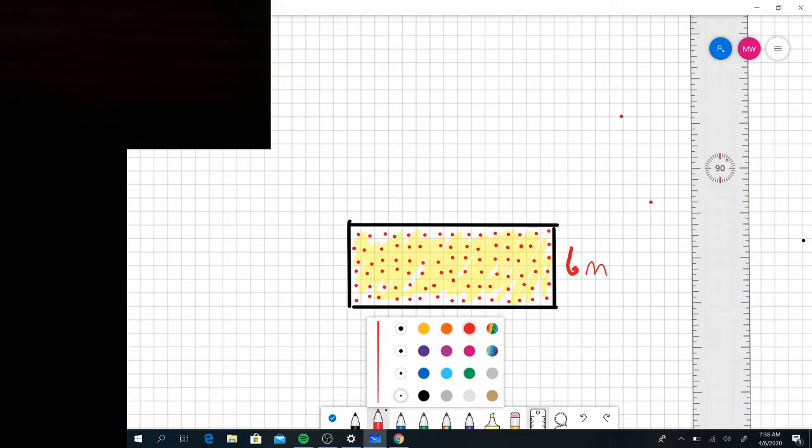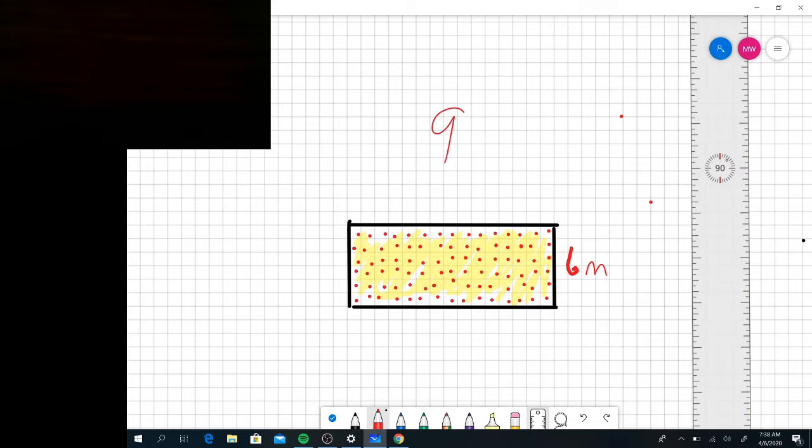So if we went through and counted every single box, we could count 90 of our little tiles.